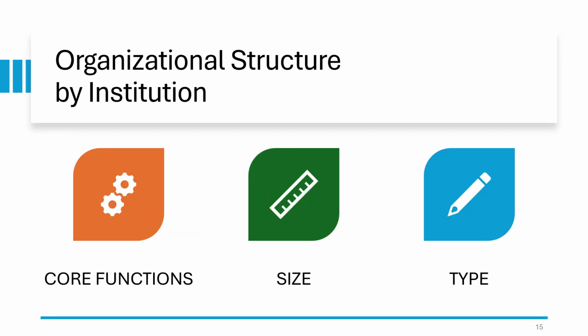Every healthcare organization, whether it's large or small, has a set of core functions that make care possible. And these include things like management, medical staff, nursing, clinical support, ancillary services, information systems, and obviously facilities management. But how do those functions look? How they look depends on the size and the type of organization. So if you're looking at a small community health clinic, the senior physician and the office manager, they may handle administration.